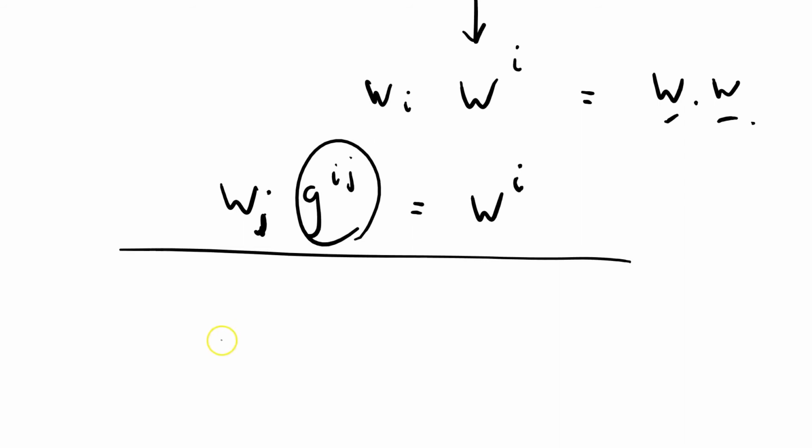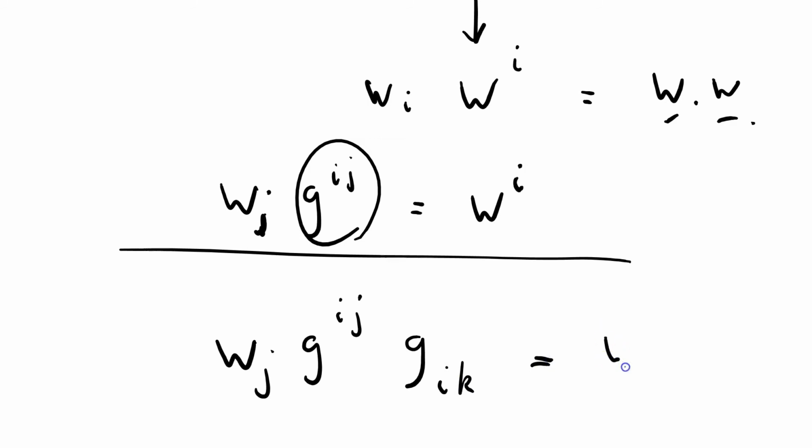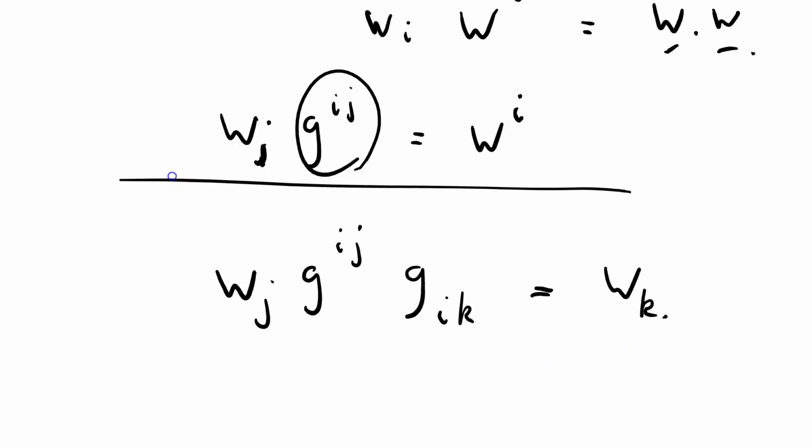That's great. Let's just think about this from a slightly different perspective. I've got wj, let's say g^ij, and that leaves me with an i upstairs. I might want to contract and bring it down again with g_ik, and that really ought to take me back to where we started from.